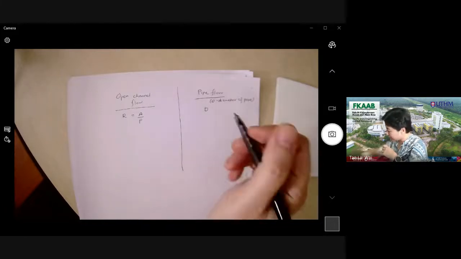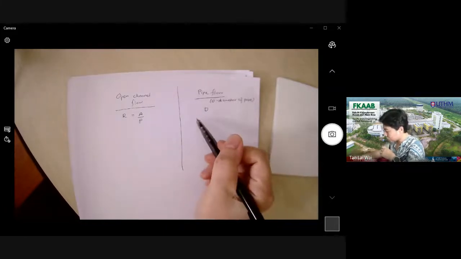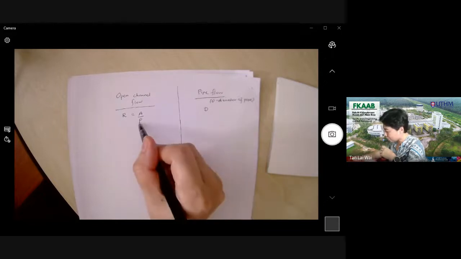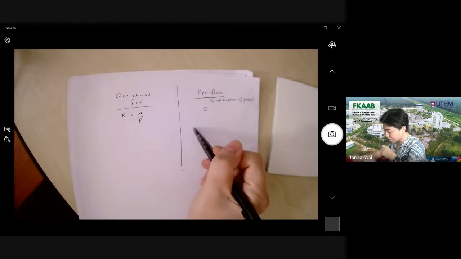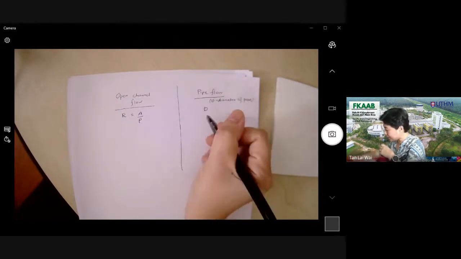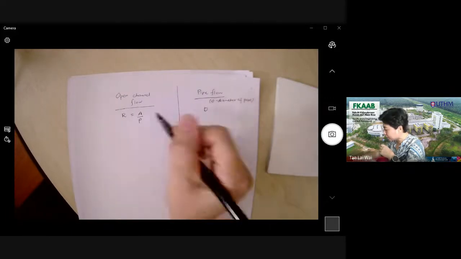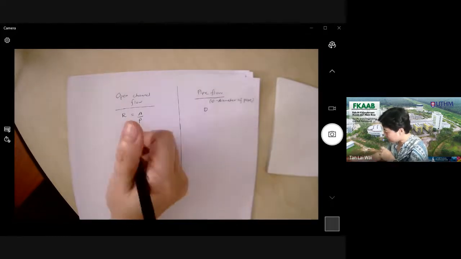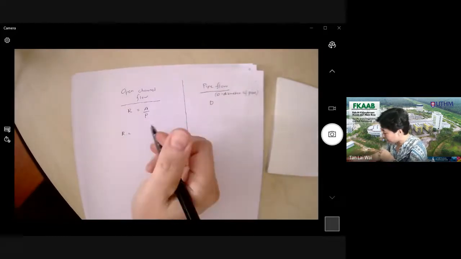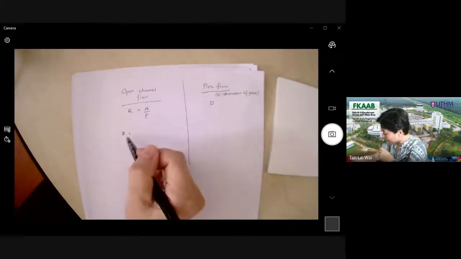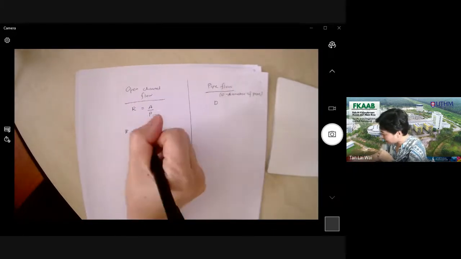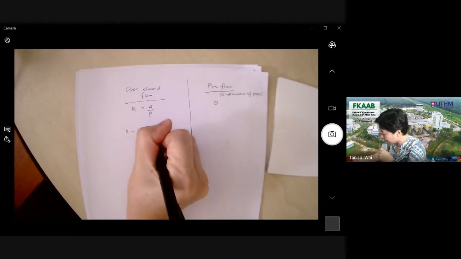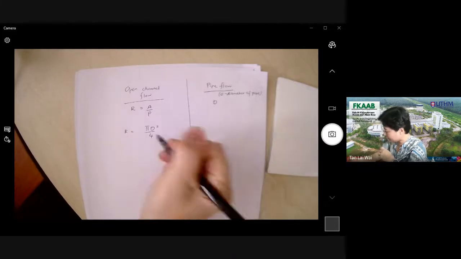So if I want to use the same formula, the R in pipe flow, what would happen then? If I use this diameter in open channel, for pipe flow the hydraulic radius, my A would be pi d squared over 4.